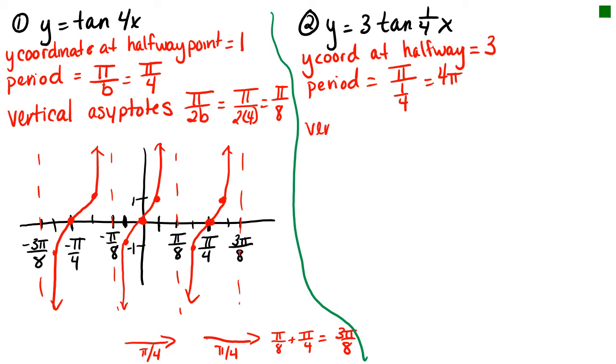And my vertical asymptote, I spelled asymptote wrong there too, is going to be at pi over 2 times 1/4. So that's going to equal pi over 1/2, because that'd be 2/4, which would be 2 pi.